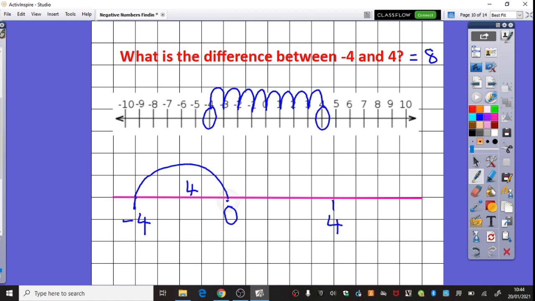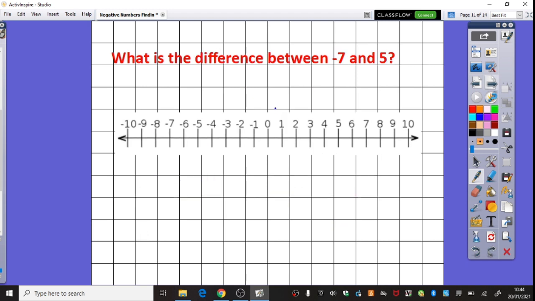And how many is it to get from 0 to positive 4? Another 4. So 4 and 4 equal 8. It's a difference of 8. So the same answer, but two different ways of using your number lines, and you choose which one will work best for you.